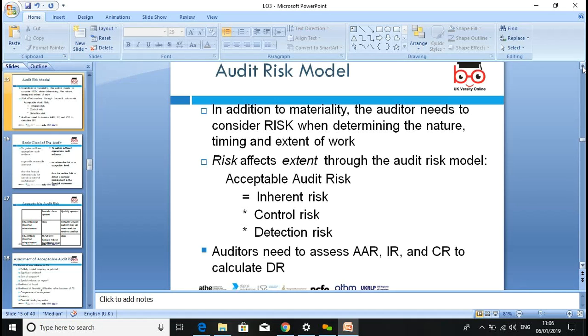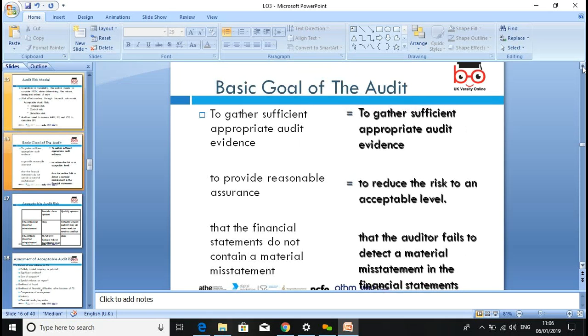In addition to materiality, the auditor needs to consider the risk when determining the nature, timing and extent of work. Risk affects the extent through the audit model, accepting audit risk at an acceptable level. Yes. Inherent risk, control risk, detection risk. So the auditor needs to assess audit risk, inherent risk. Yes. So all these are the risks used to calculate overall risk.